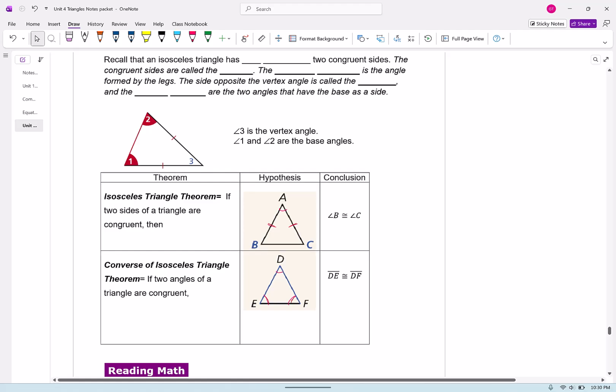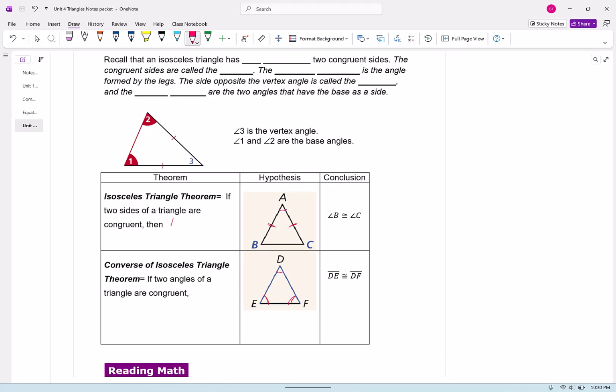So we got the isosceles triangle theorem. I'll give you a little bit of this just to make sure that you got it. Just the basics here. If two sides of a triangle are congruent, then the angles opposite the sides are congruent.